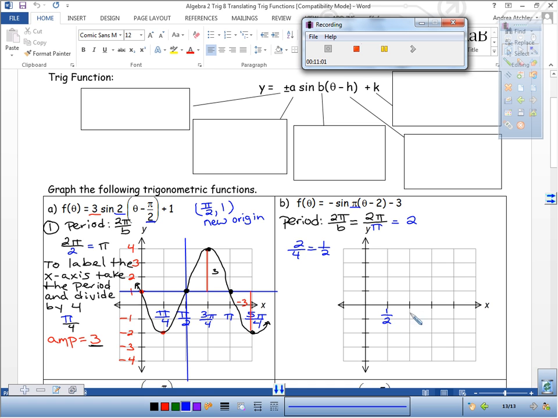1/2 plus 1/2 is a whole. Then plus a half is 1.5. Then we have 2. Then we have 2.5. Then we have amplitude, which is 1, but because it's negative, this is going to reflect.